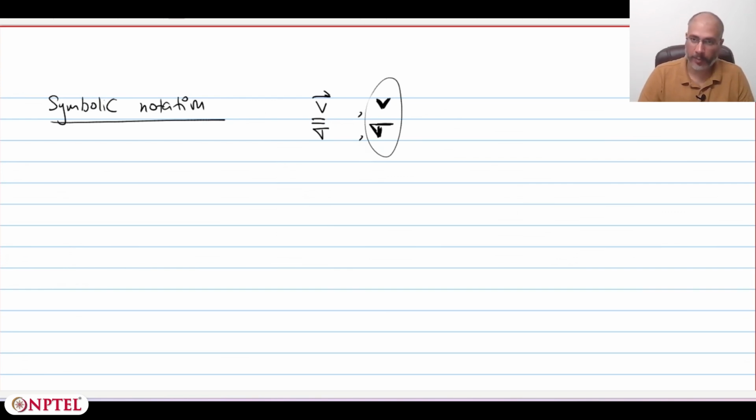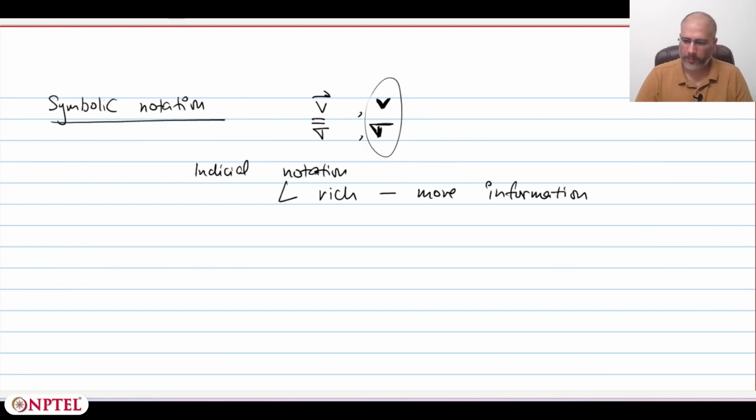So we'll write a couple of merits of indicial notation. So it's rich, that is, it has more information. The algebra is much easier to do. So if you have equations with tensorial objects in an indicial notation, you can do the algebra of those tensors in a much easier way.